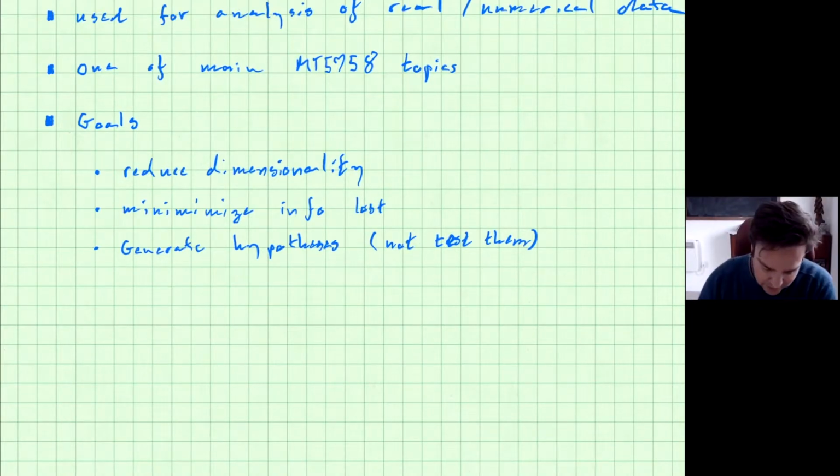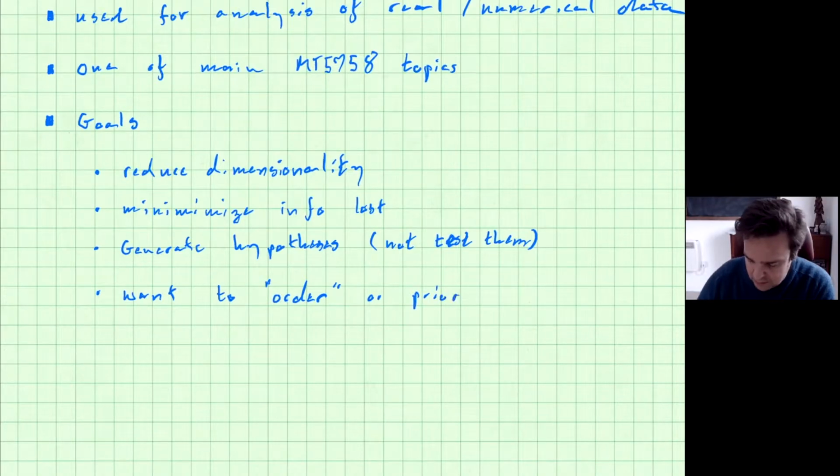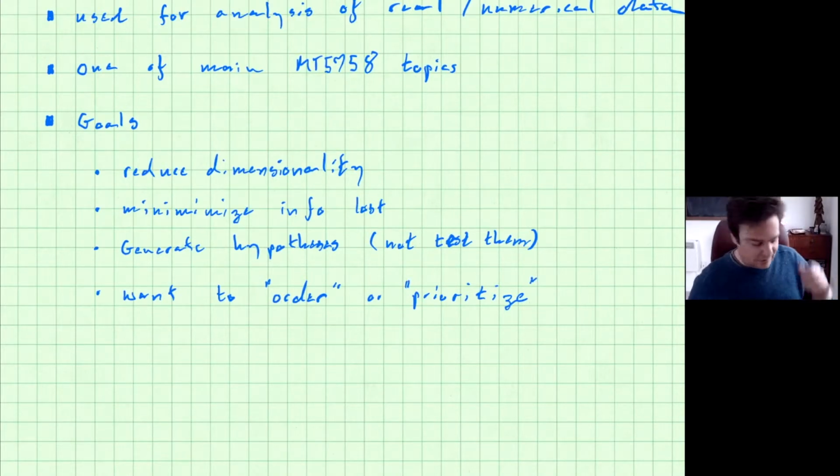In some sense, you want to prioritize things, and that'll become clear as we go along. Want to order or prioritize something, and this will come up as we go.